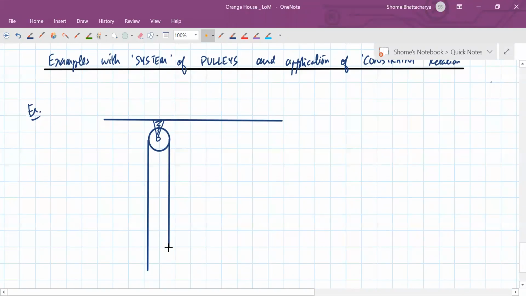But that thread on the other side is actually also going around another pulley.